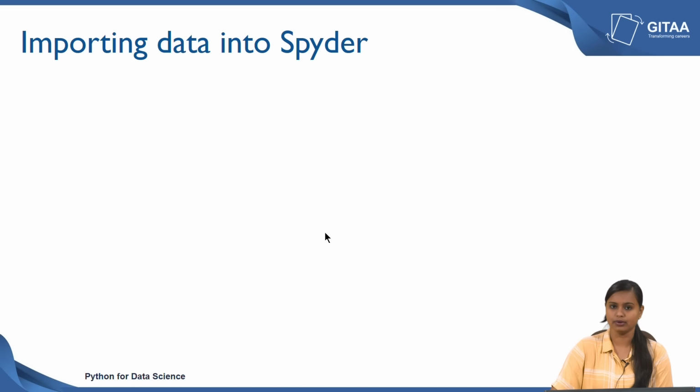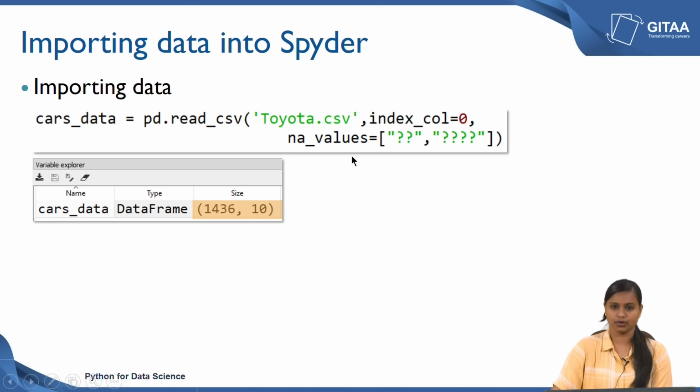Now, it is time to import the data that will be used for the visualization, because as we know, we do visualization to understand the data even better. So, on that note, we are going to import data into Spyder to understand the data visually. We are going to import the Toyota data which we have already worked on.